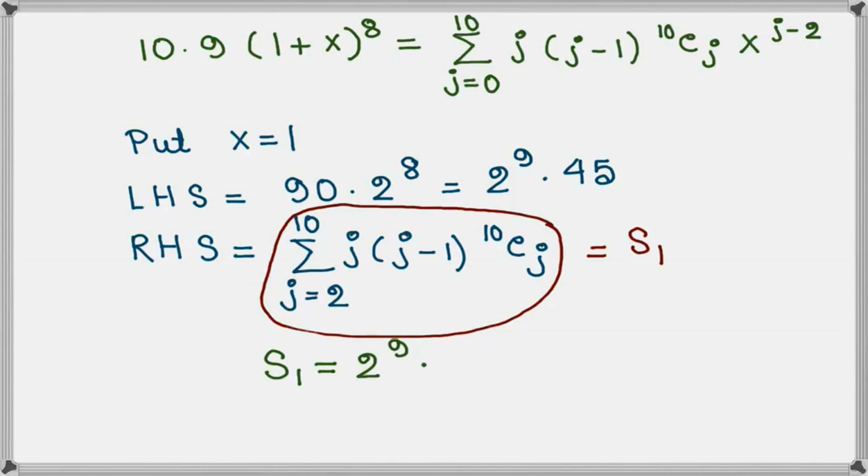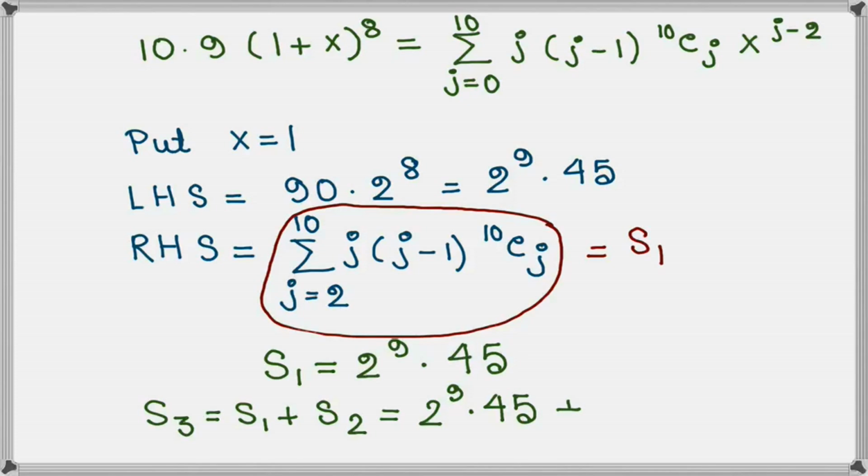and as we know that S3 is equal to S1 + S2, therefore the value of S3 is equal to 2^9 into 45 plus 2^9 into 10, which is equal to 2^9 into 55.